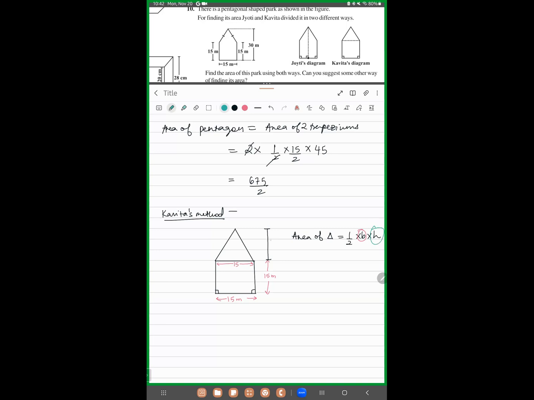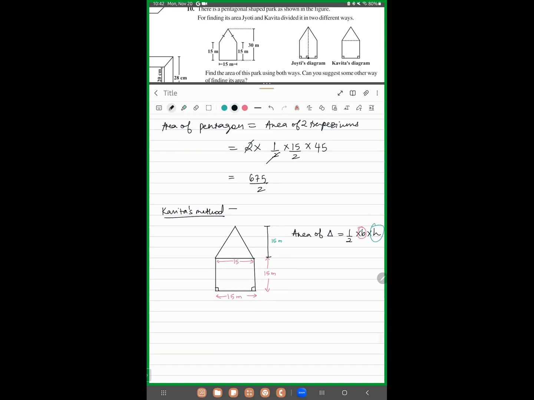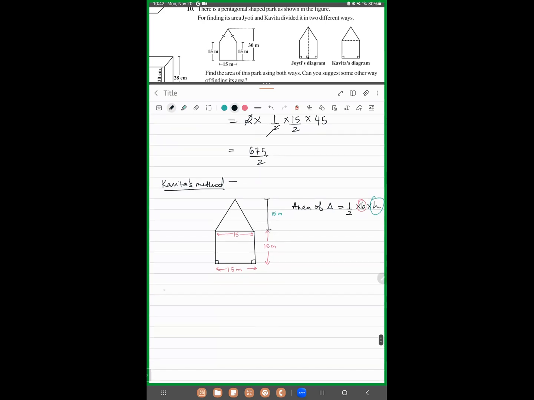Very good. Height is also 15, because in the question it is given to us that from the very top to the very bottom it is 30. So if from here to here it is given as 15, the remaining portion has to be 15 itself. So let's find the area of the pentagon using this.